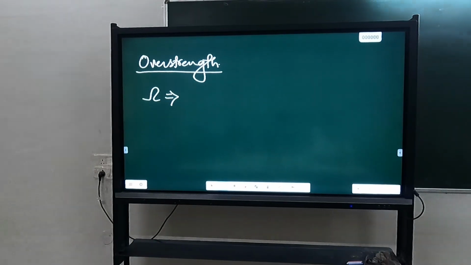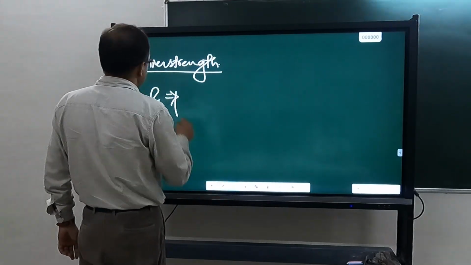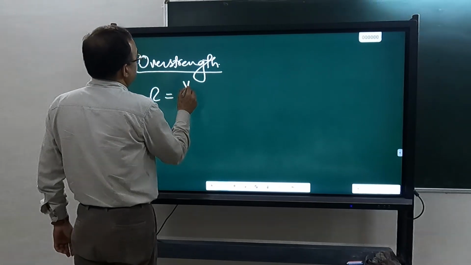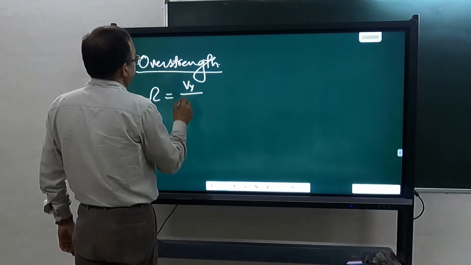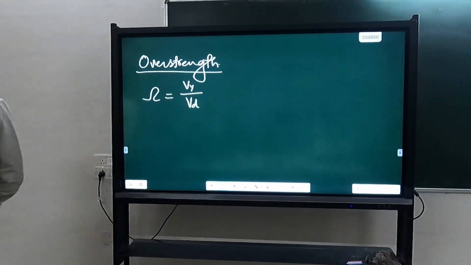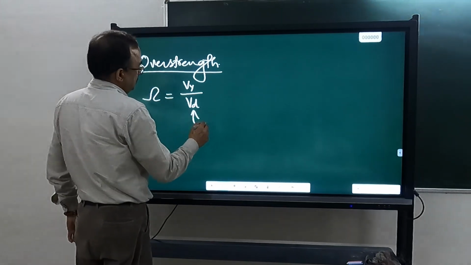We have used the overstrength concept in the first semester also. So what is this overstrength? Overstrength is nothing but the ratio of the yield strength divided by design strength. That we call overstrength. Design strength you will get from the code.